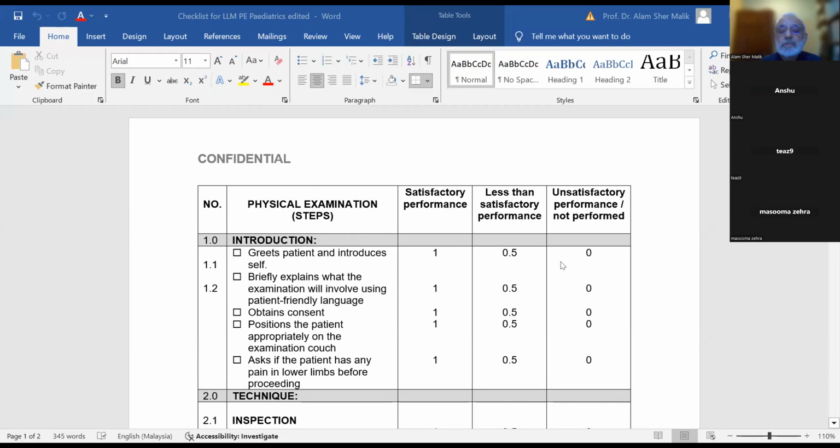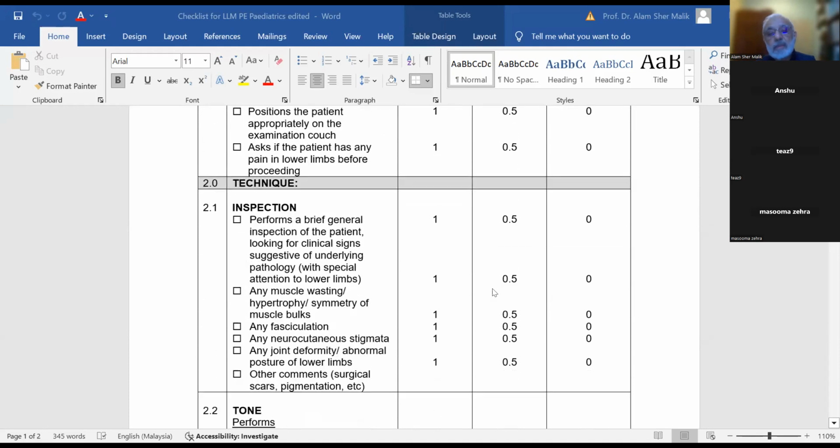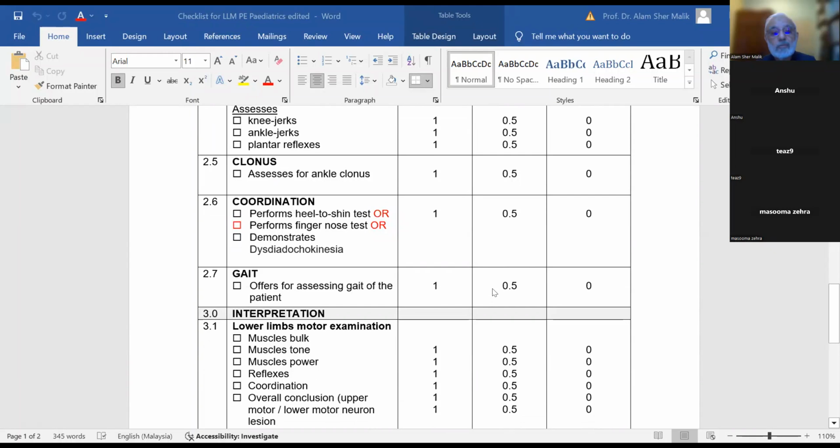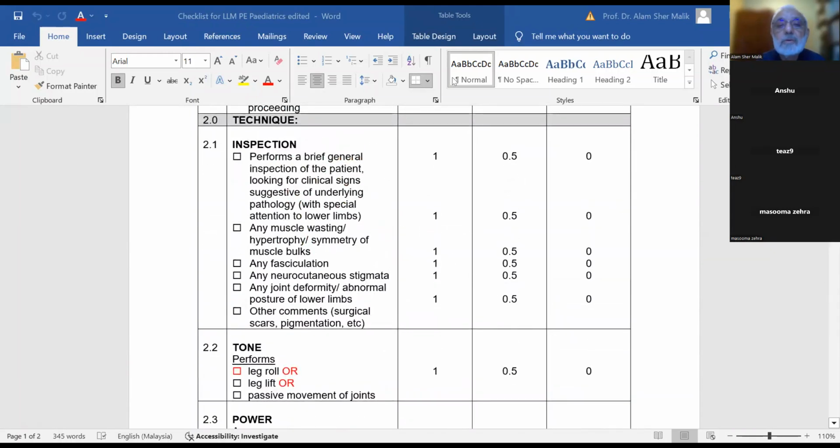It's better to use 3 columns rather than 2, because if we use 2 columns, it's either satisfactory or unsatisfactory, so the student either gets full marks or 0, but we know that many students would perform a procedure but may not be really satisfactory. To have these 3 columns would be useful. All right, so in this way, these templates would really be helpful.